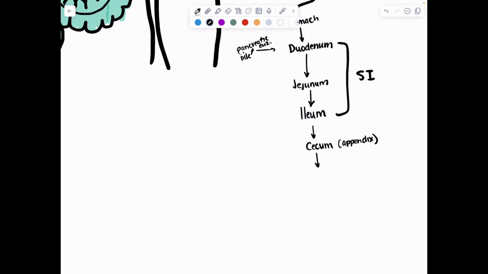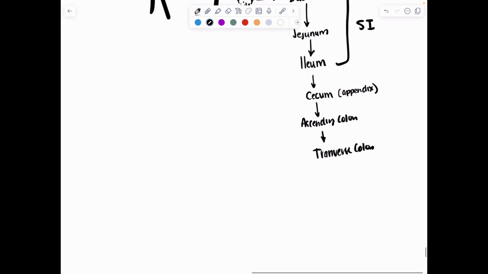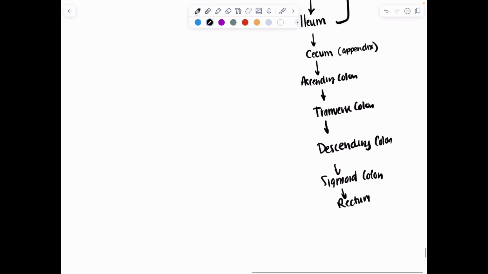Then from our cecum, it's going to go to my ascending colon. From my ascending colon, it's going to go to my transverse colon. From my transverse colon, it's going to go to my descending colon, to my sigmoid colon, to my rectum, and then out the anus.